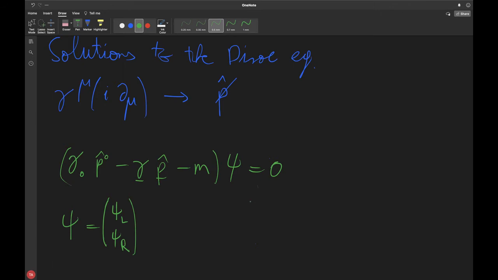So each of these have two components. Psi L and psi R have two components. They are spinors.